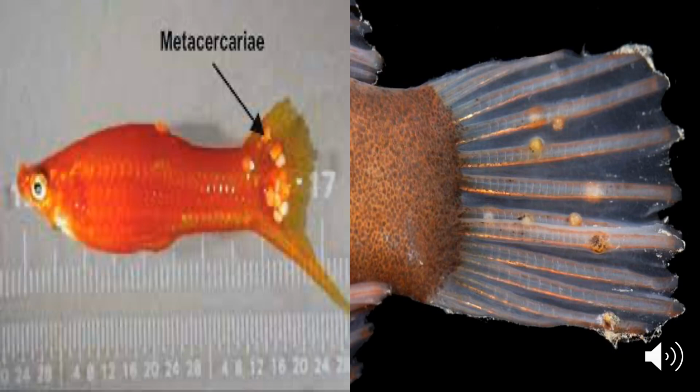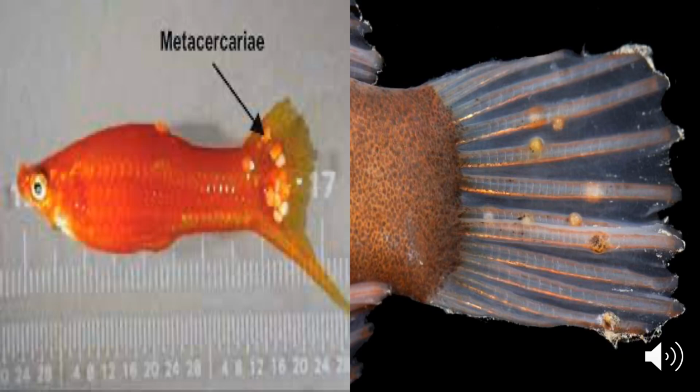Later on, I will be teaching you that the second intermediate host of the typical parasitic trematodes will differ from one trematode to another, because the only thing that is common to them is the first intermediate host, and that is the snail. So in this picture, you have here the involvement of a freshwater fish.